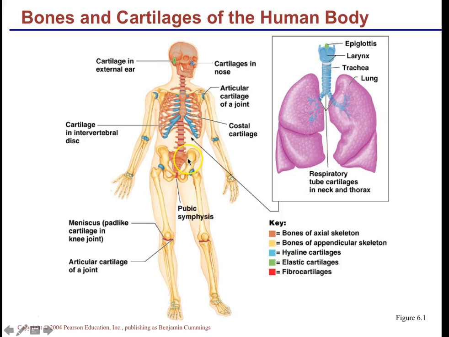Hyaline cartilage is in blue, so you can see here attaching the ribs to the sternum and certain of the joints. And then elastic cartilage, there's a little bit here, and then also fibrocartilage, which is in red, and that's going to be in between. Do you see the red? That's in between the vertebrae. So those are examples of where you can find these types of cartilage.